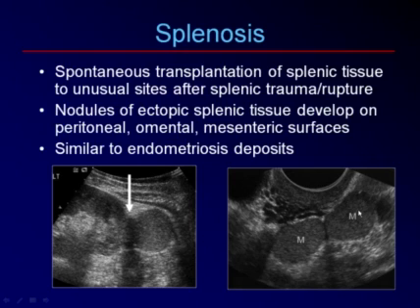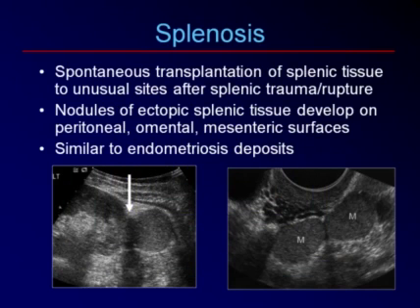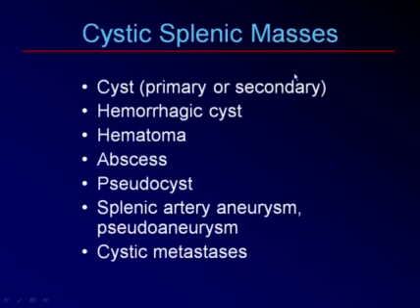However, she had had a splenectomy after a motor vehicle accident, after her spleen was ruptured, and she had several of these little masses. These were removed. They were splenic tissue, splenosis. They parasitize blood supply from adjacent areas. They're not fed by the splenic artery.